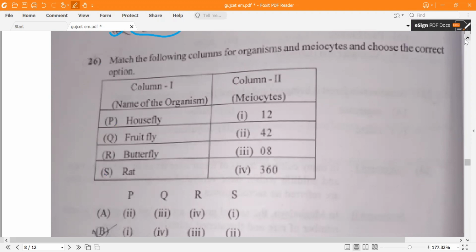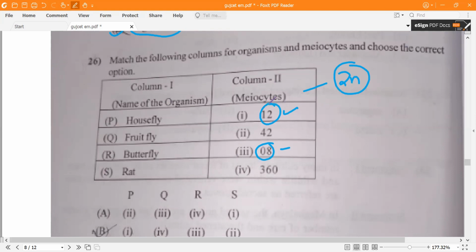Now moving on, it is from the table from chapter 1, beta. You have to choose the right number of meiocytes. Meiocytes are always diploid, so housefly will have 12, then fruit fly will have 8.